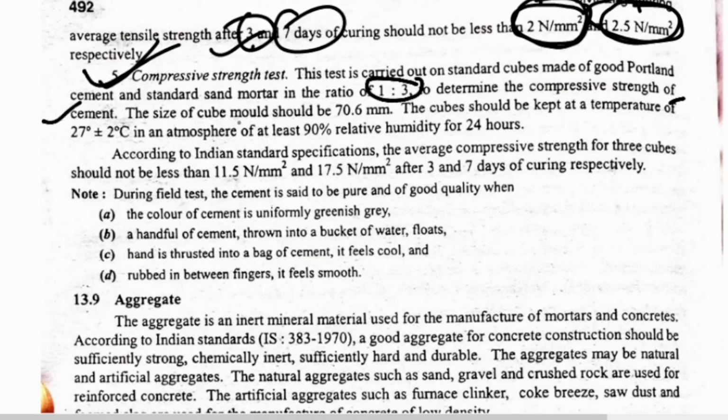The size of cube mold should be 70.6 mm. The cube should be kept at a temperature of 27 degree plus minus 2 degree Celsius in an atmosphere of at least 90% relative humidity for 24 hours.